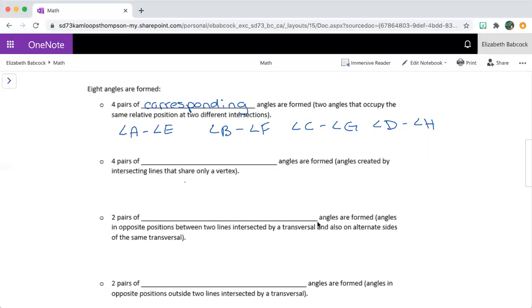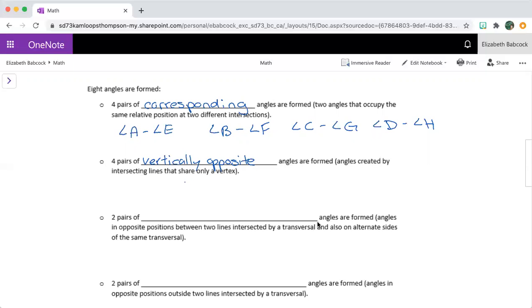The next one we have 4 pairs of are vertically opposite angles. These are angles created by intersecting lines that only share a vertex.